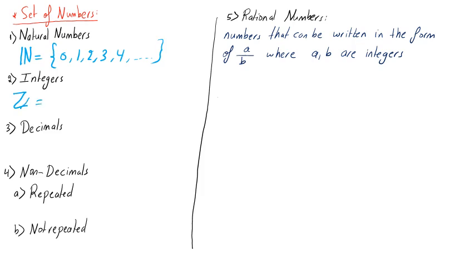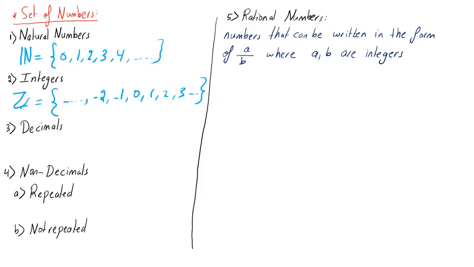The symbol is Z: minus 2, minus 1, 0, 1, 2, 3, etc. It can be +1 or -1, +2 or -2, +3 or -3.